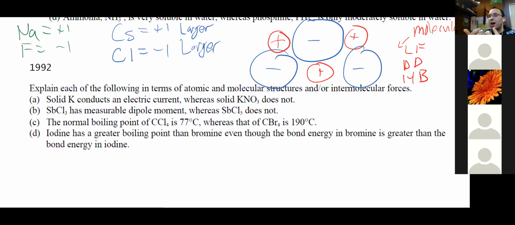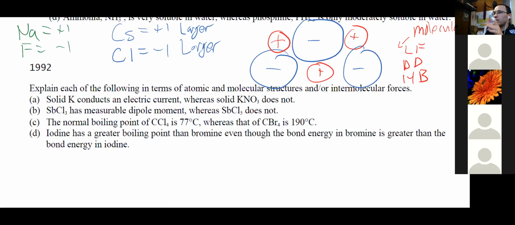So when we have those ions coming together, who's going to be farther apart, our cesium and our chlorine, or our sodium and our fluorine? So which charges are farther apart?